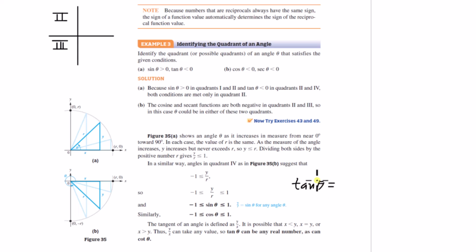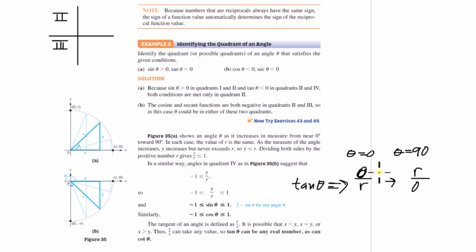So tangent theta, if theta is acute, you start at opposite over adjacent: at theta equal to 0, this is 0. And then you go to r over 0 at theta equal to 90.